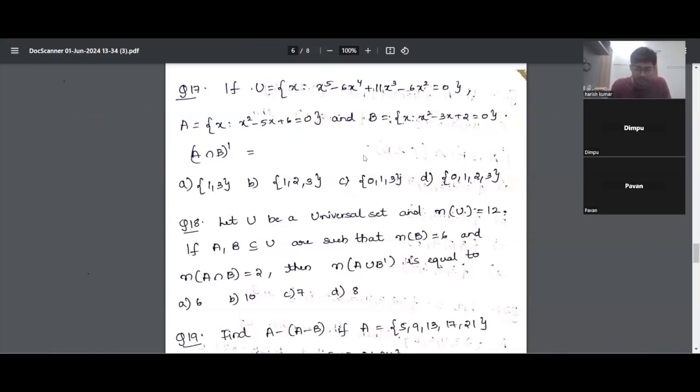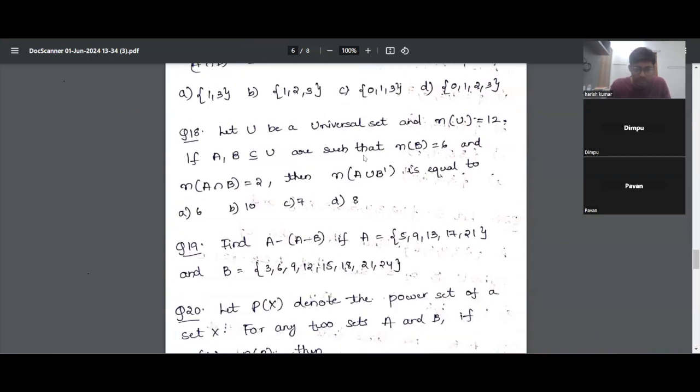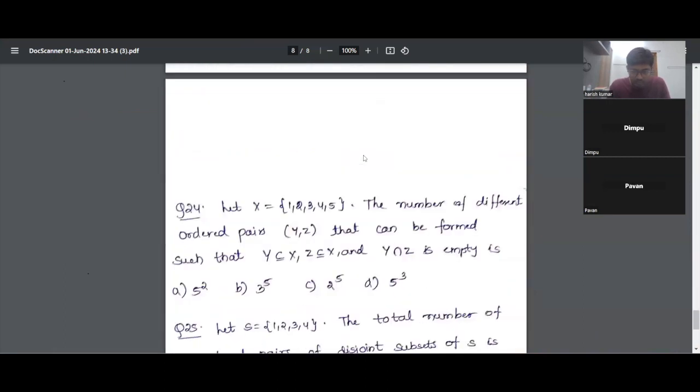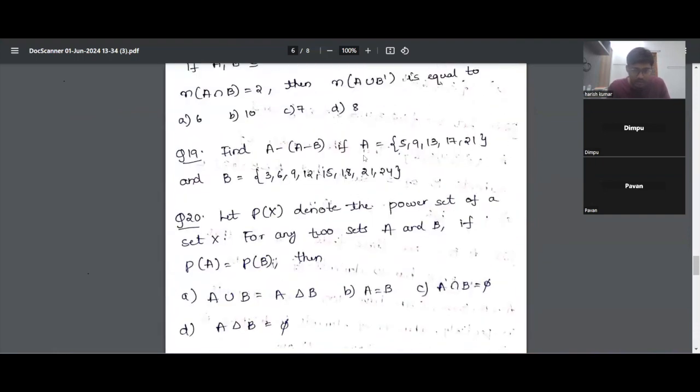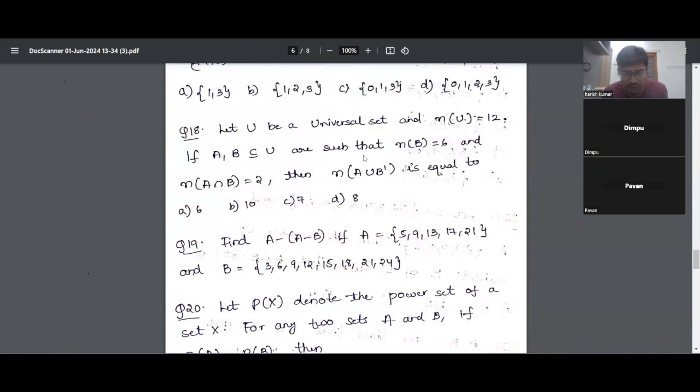Let's see the next question. Let U be a universal set and n of U equal to 12. If A and B are subsets of the universal set such that n of B is 6, then he is asking for n of A union B complement.